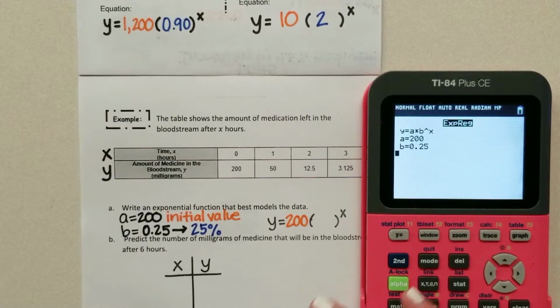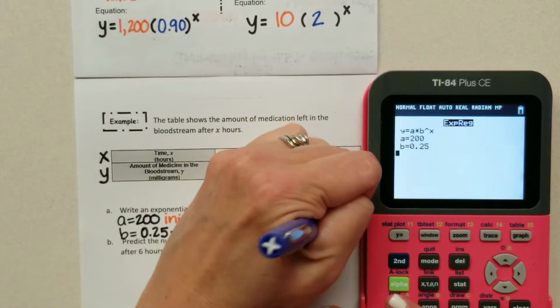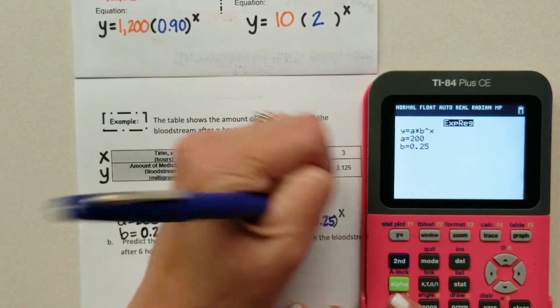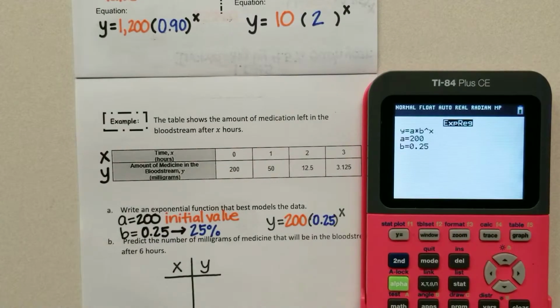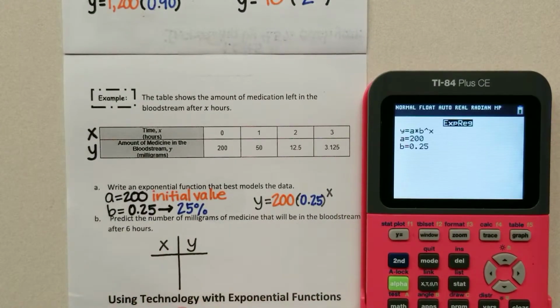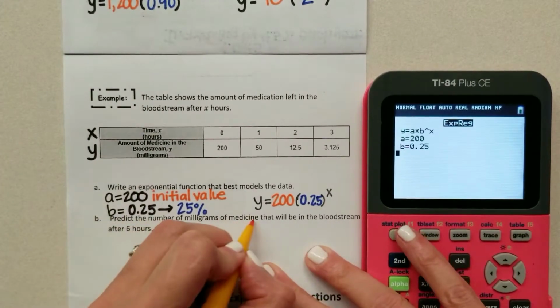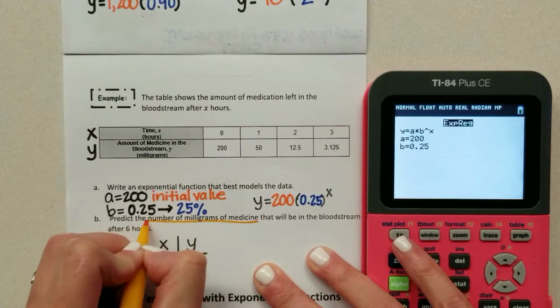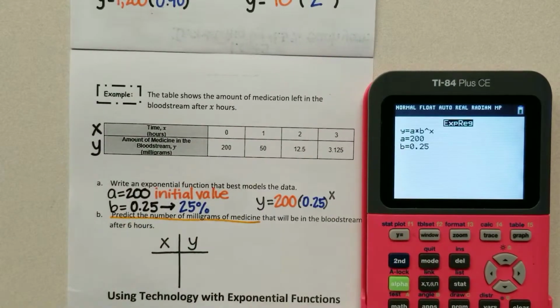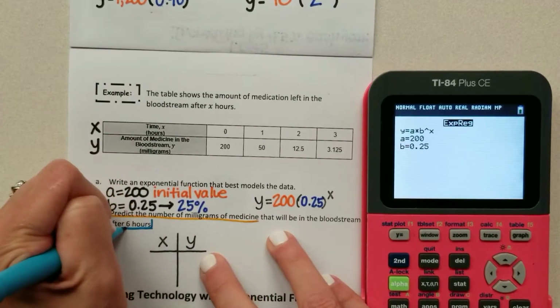And so now I'm going to put this 0.25 because I need the decimal form of the percent in my equation. And then part B, predict the number of milligrams of medicine that will be in the bloodstream after 6 hours. So we're doing a prediction. I've got to figure out, is this an x or a y number?